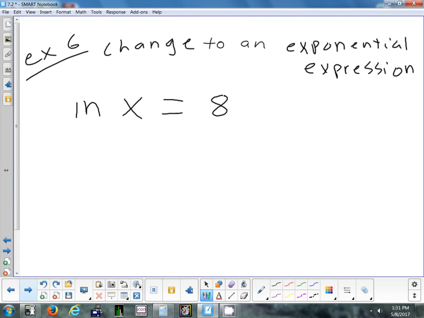All right, so let's take that equation and try to write it in exponential form. First thing I need here is my base. Alex, what's the base here?